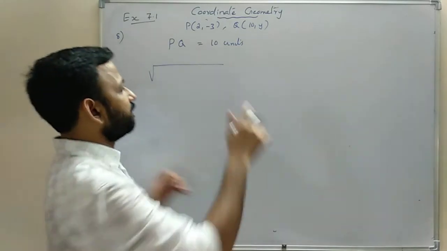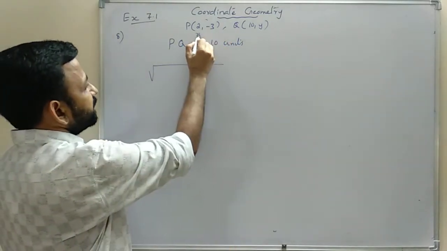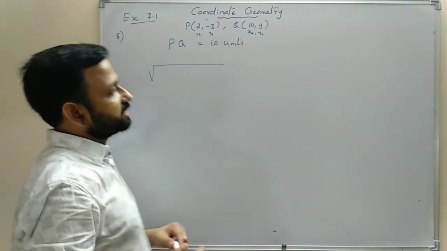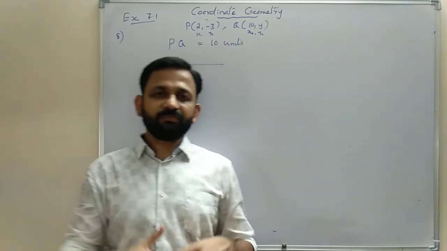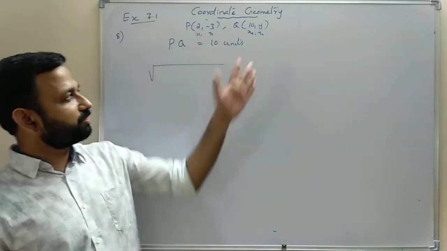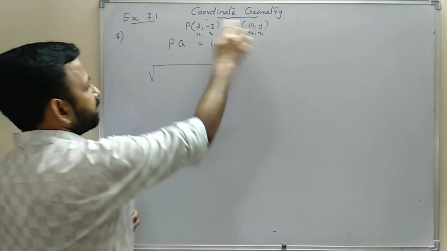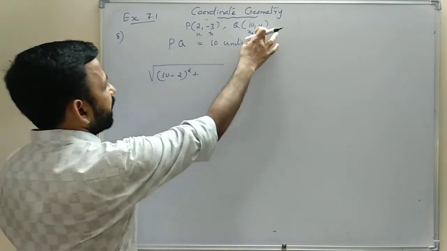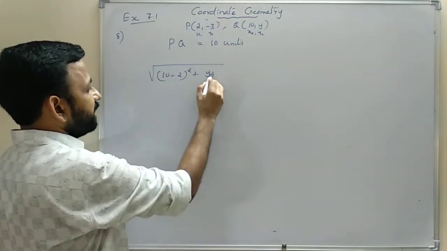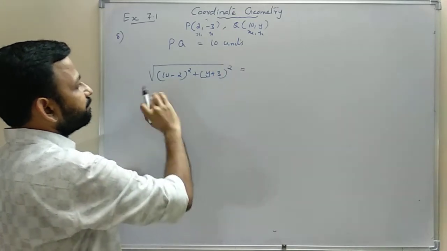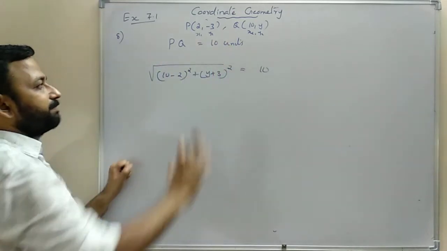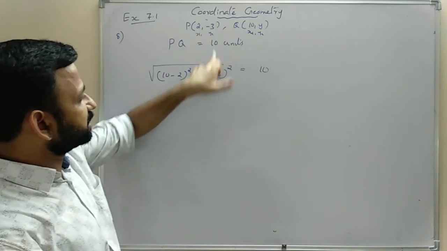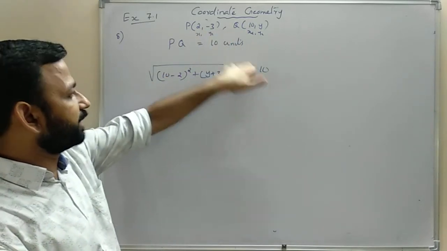By using the distance formula we can find the distance between x1 y1 and x2 y2. That is the square root of x2 minus x1 whole square plus y2 minus y1 whole square. So that is 10 minus 2 whole square plus y minus minus 3, that is y plus 3 whole square, equal to 10 units.